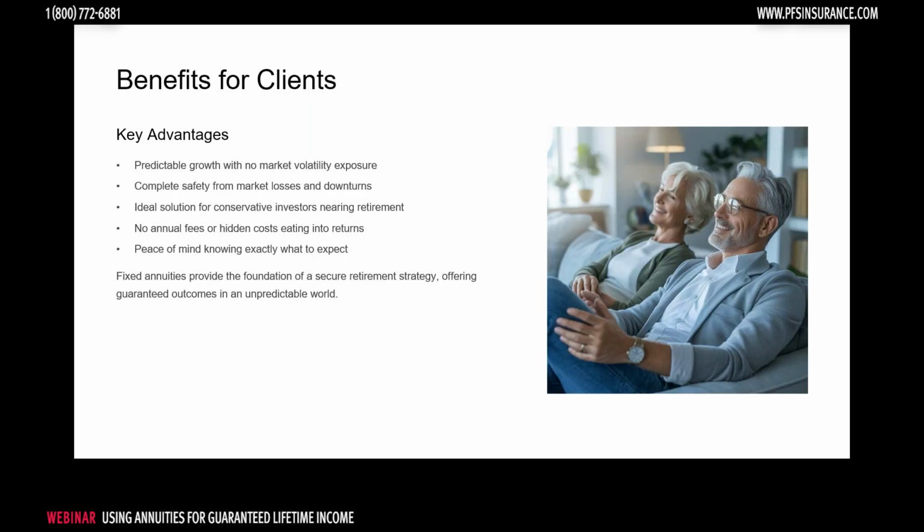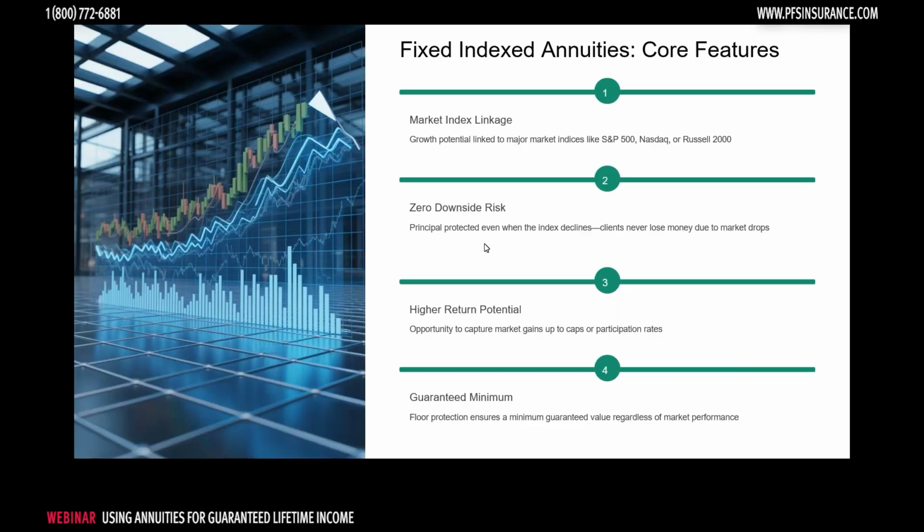You need that downside protection on those investments. No annual fees, no hidden costs, like you have with a lot of the variable products, and peace of mind that they're going to know exactly what they're getting and can feel secure.